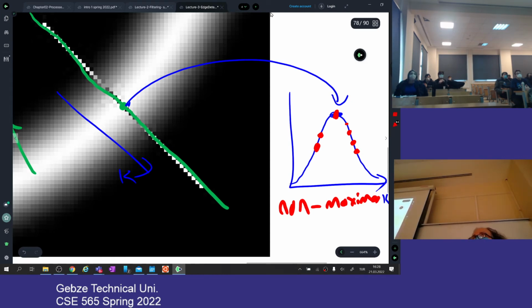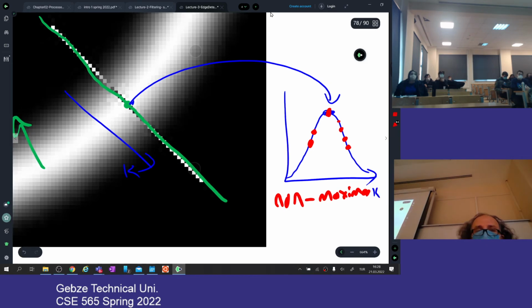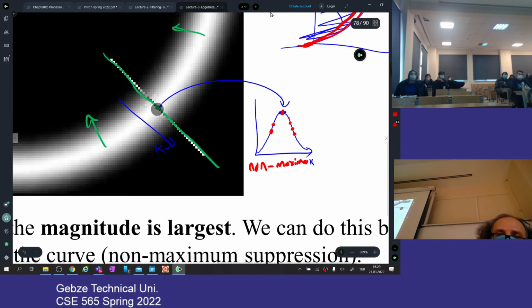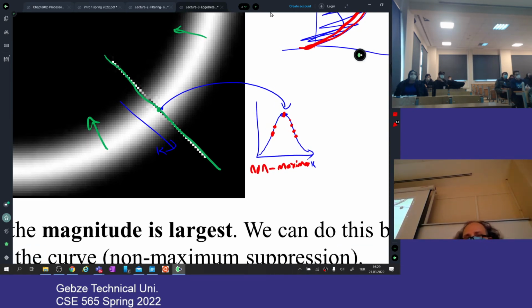You will say, am I the maximum? No, then I am suppressed. I am just eliminating non-maximal points. So for each point along this line, I am doing this one by one. At the end, only the maximal point is going to stay, and that will be the highest magnitude point. Remember, this is not a two-dimensional search, just a one-dimensional search.